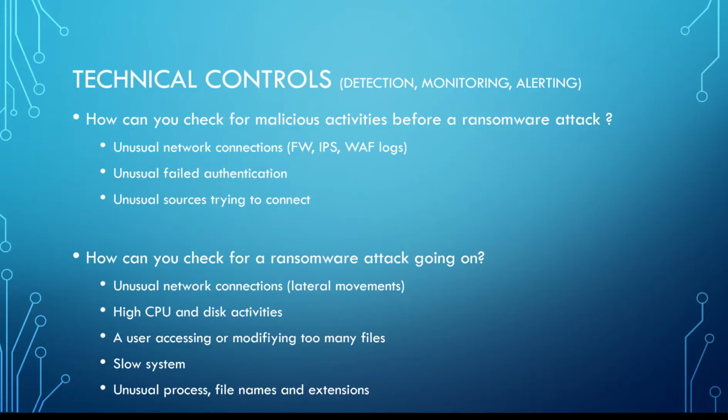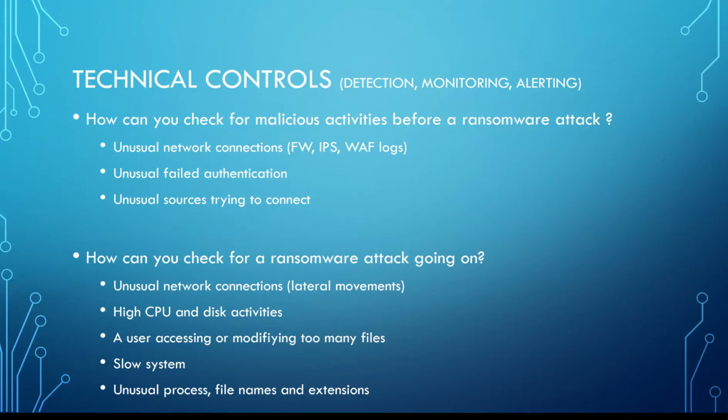Now, okay, so someone has compromised the system, but how can you check that a ransomware attack is going on? So what should you look for? As usual, you can look for unusual network connections, because depending on the case, you can have some lateral movements. So the ransomware is going to try to exploit some other vulnerabilities in other devices to attack and to exploit.